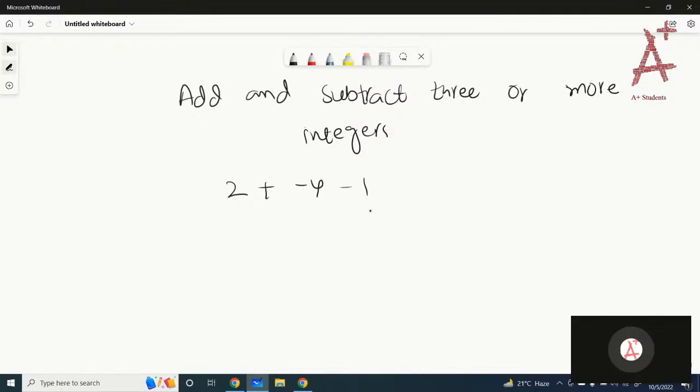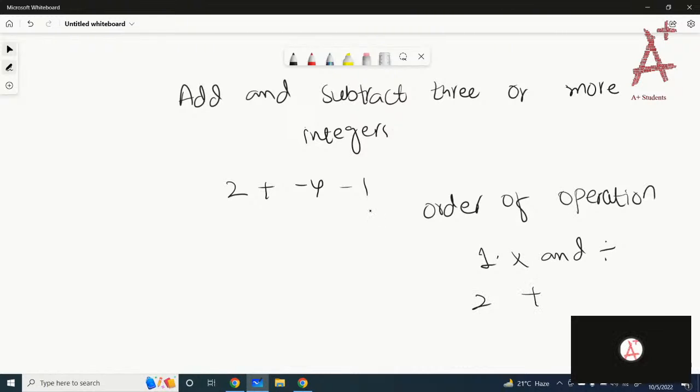So we know that the order of operations is: you have to do multiplication and division first, and then you can do addition and subtraction. Got it? So you have to start from left to right because you have addition and subtraction.